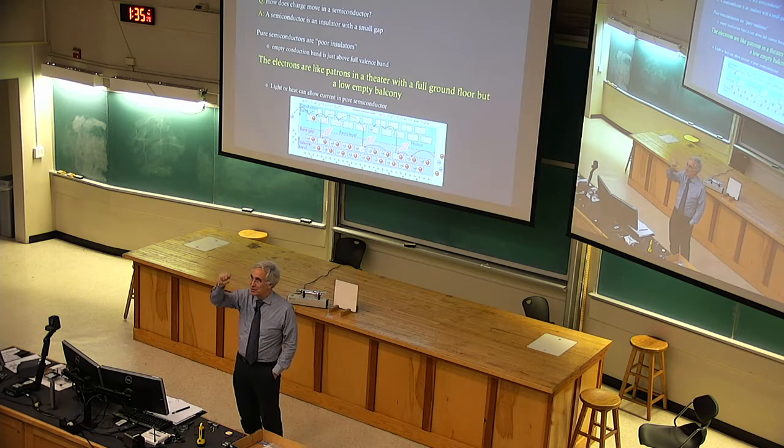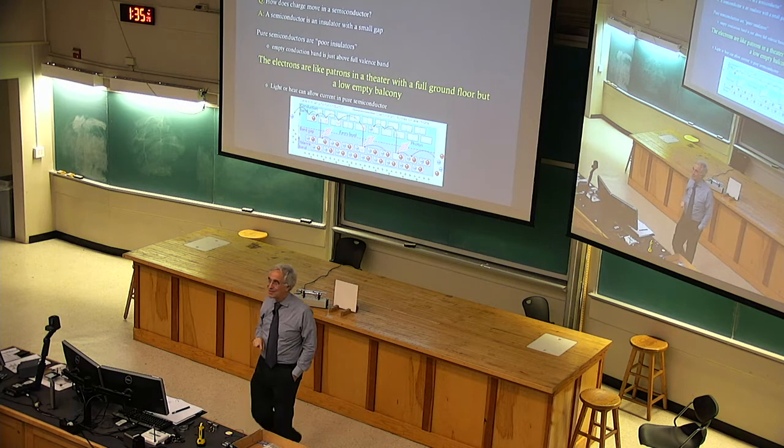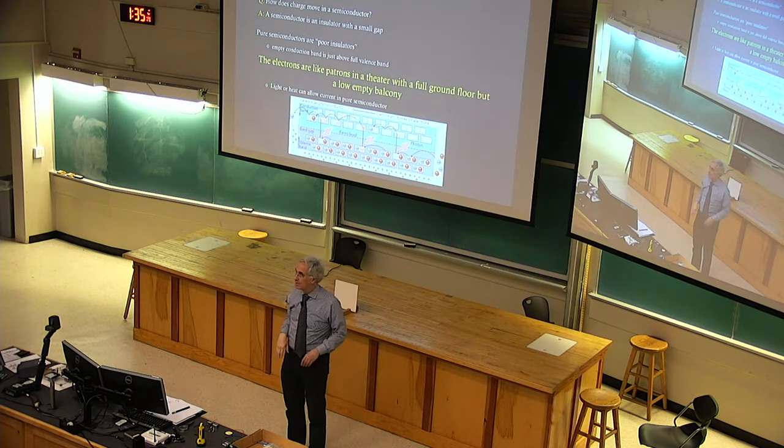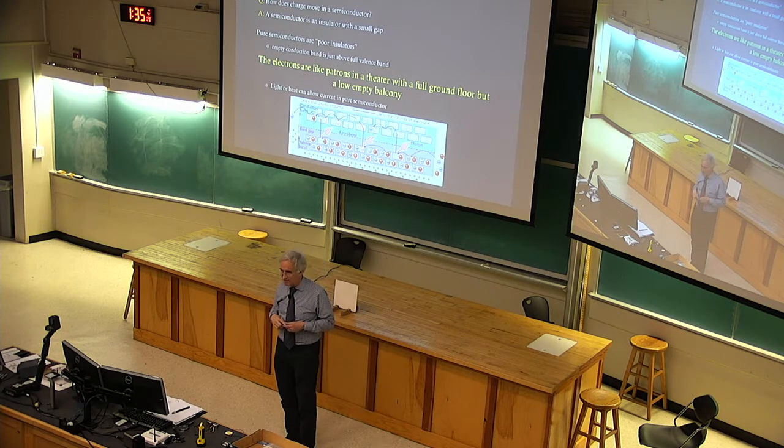The energy distance between those two isn't so big. A strong insulator, a good insulator, would be something like salt. Quartz is pretty good. It takes a lot of energy to move an electron from the valence band to the conduction band. Not so much in silicon.